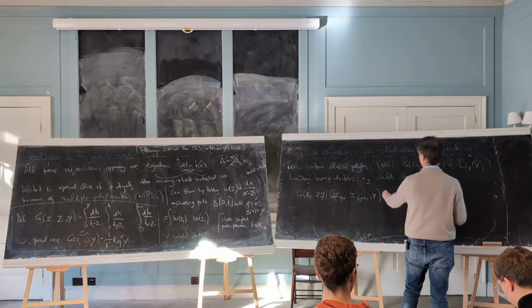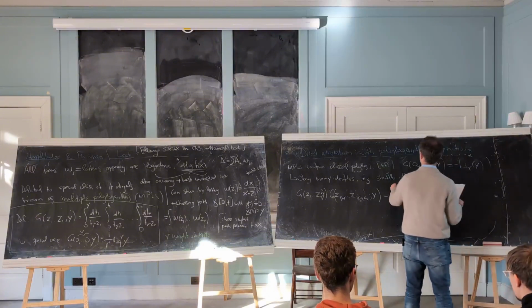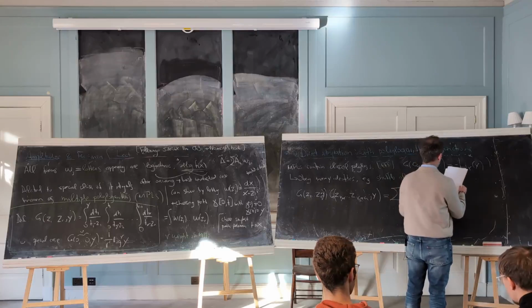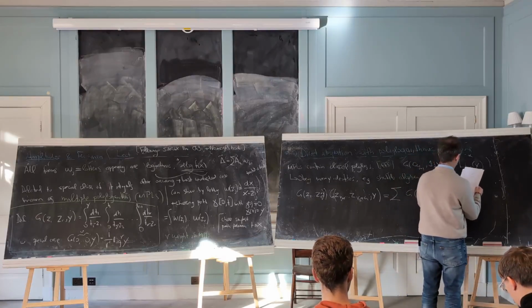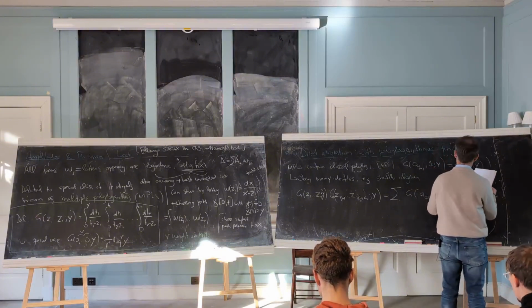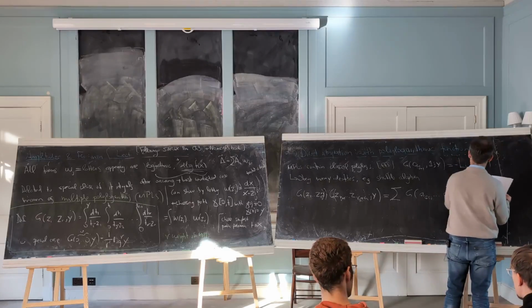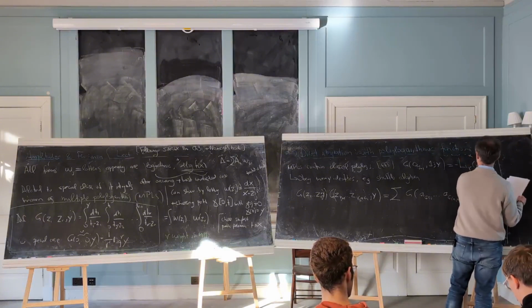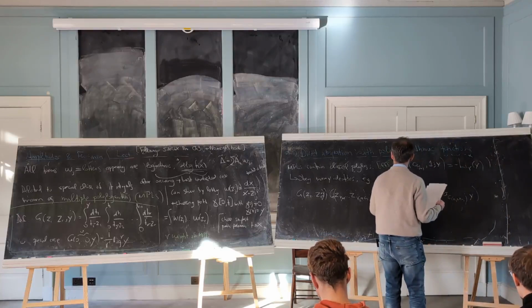So they have to have the rightmost variable the same, but we can write this as a sum of MPLs that now have a vector of size r1 plus r2, where these are shuffle permutations.